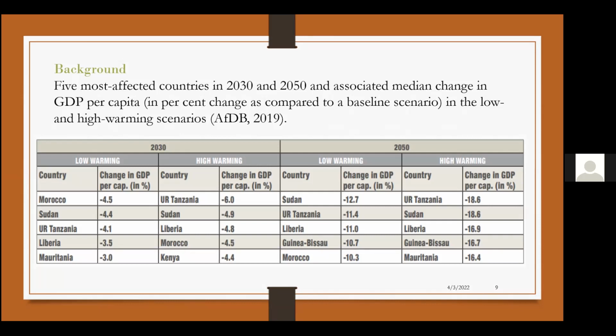Within East Africa, under a high warming scenario, by 2050, Tanzania will have a reduction of its GDP by 18.6%. This is very critical, meaning that Tanzania, which has already achieved a middle income status, is likely to go back to its original status, because the reduction in GDP will cause a huge problem.